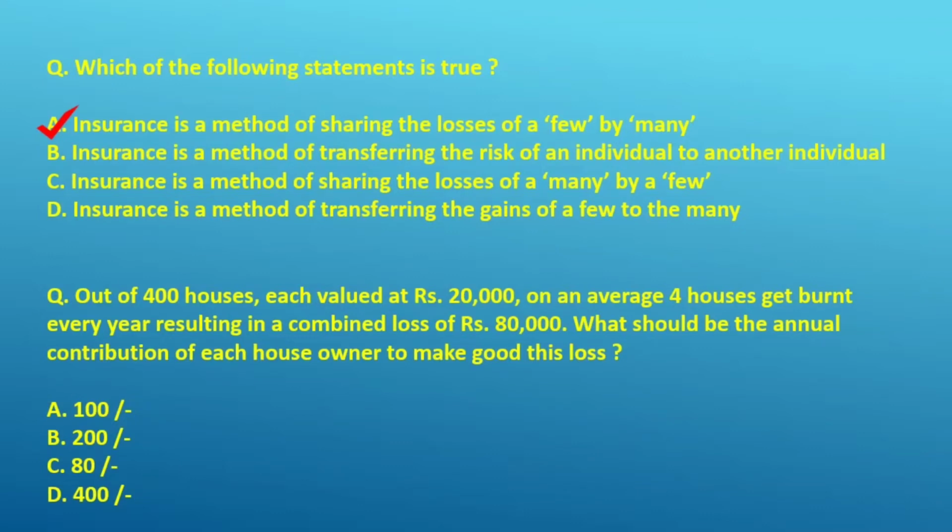Here, a total of 4 houses were burned, and because of that, the total loss is rupees 80,000, and this loss is shared by all these 400 house owners. So when we divide 80,000 by 400, the answer is rupees 200.